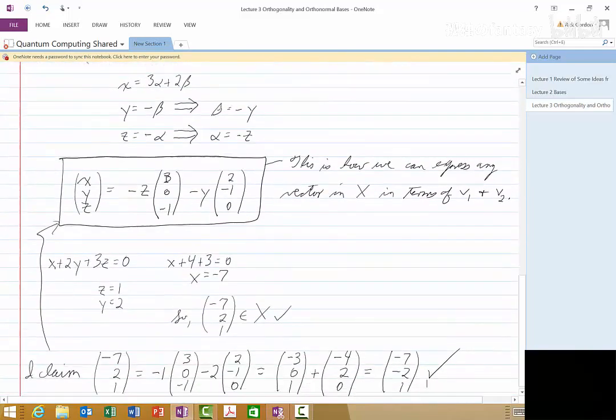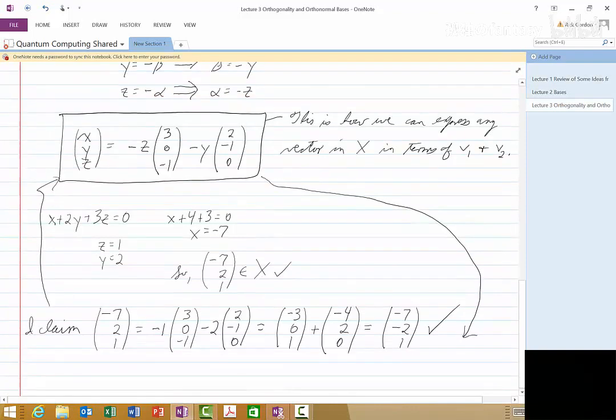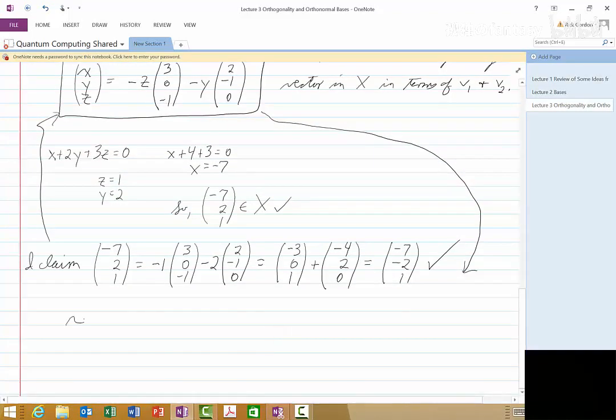Now let's come back down here to this formula, and you can see a little bit better why it works out. We have x, y, z is equal to negative z times 3, 0, negative 1, minus y times 2, negative 1, 0.